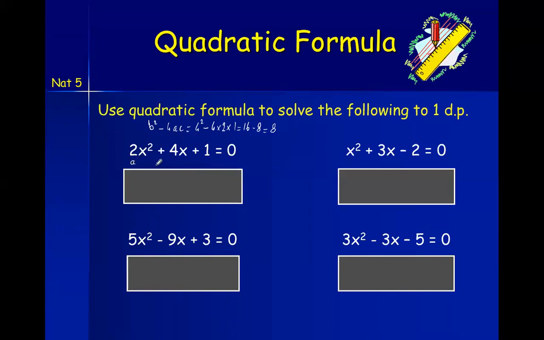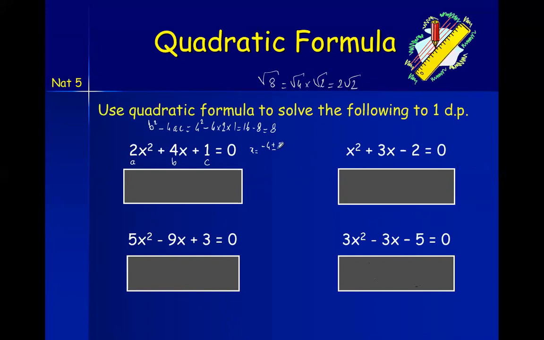That's a, that's b, that's c. So my answer should be, for this case here, x equals minus b, which is minus 4, plus and minus root 8. Root 8 we can write as root 4 times root 2, which is 2 root 2.